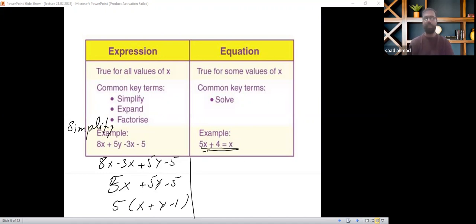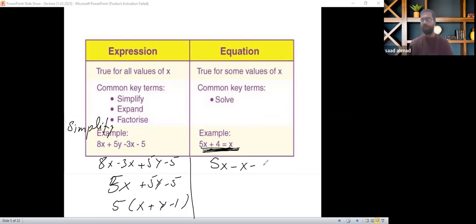But this is an equation here. This has an equality sign there. So it's true only for some particular values. When it's an equation, it can be true for more than one value, but usually it's true for some particular values. For example, this one, we have 5x plus 4 equals x.